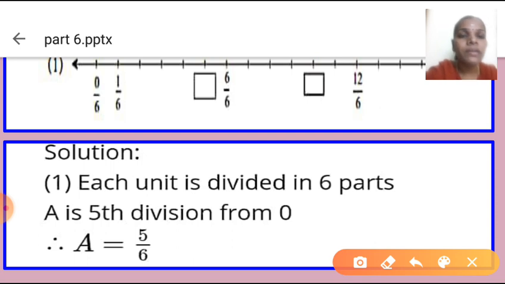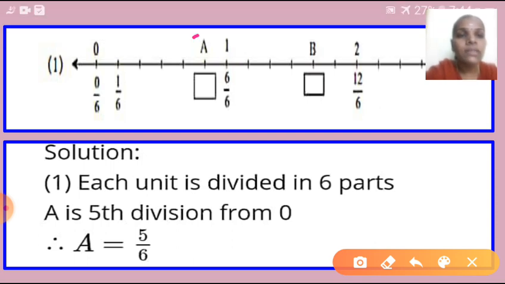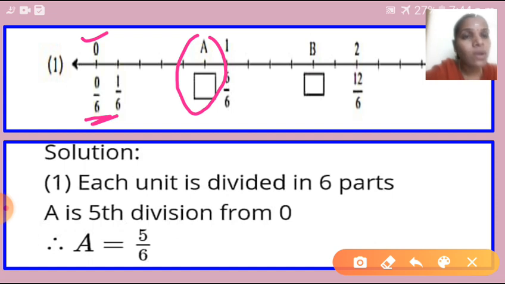Children, see here. Here that box is there, and here see this 0, and here what is written? 0 upon 6. So already I told you, denominator 6 is there, so every unit must be divided into 6 equal parts. So children, see here, for A and B, what fraction will come?